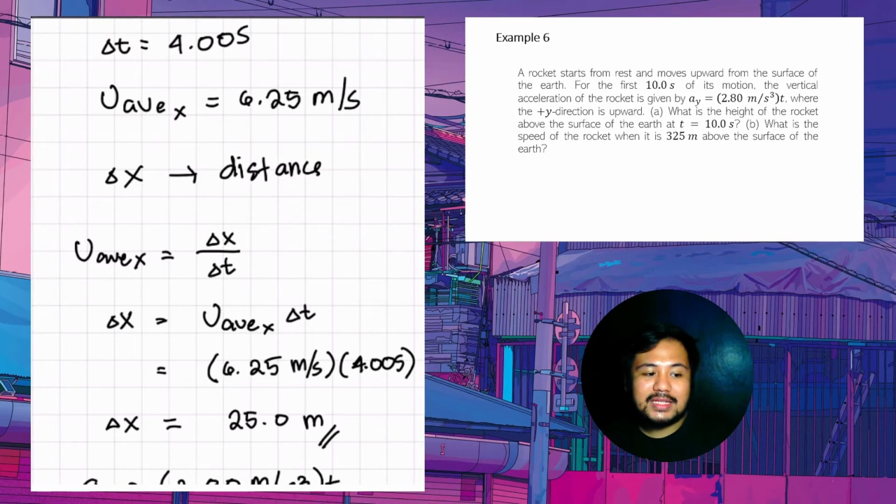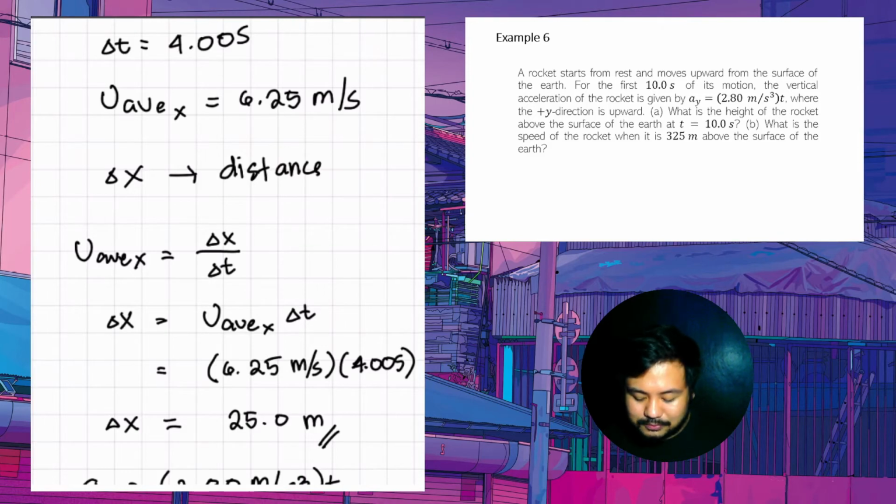A: What is the height of the rocket above the surface of the Earth at t equal to 10 seconds? So we have to get a position, the distance. B: What is the speed of the rocket when it is 325 meters above the surface of the Earth?